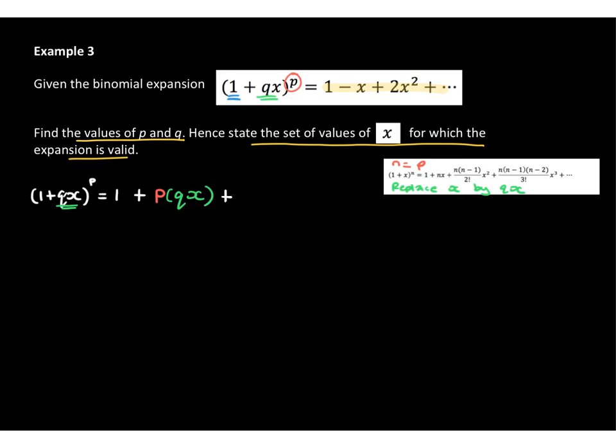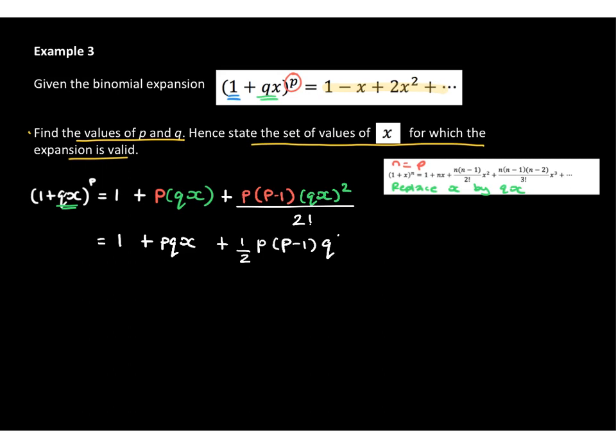So we want n multiplied by n minus 1, multiplied by our x replacement all squared, all divided by 2 factorial. So we're then going to try and simplify this a little bit. So that's 1 plus pqx plus a half p times p minus 1 q squared x squared.